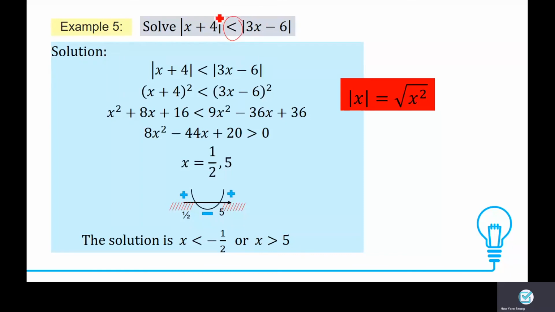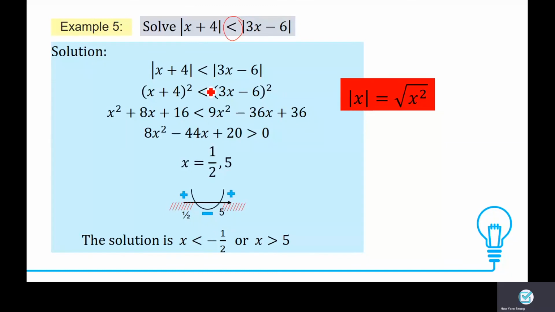So whenever you see inequalities involving less than or greater than, what you need to do is square both sides. How do you make the absolute sign disappear? You square both sides, because squaring guarantees a positive answer.